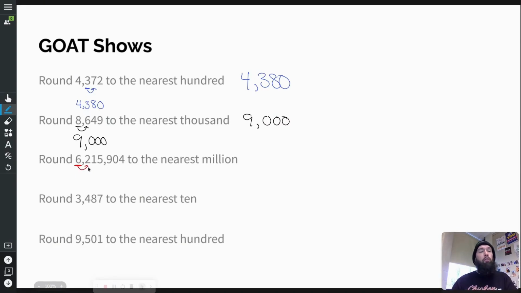Nope. 2 is 4 or below. So leave that 6 as a 6, and then turn the numbers to the right of it into zeros. So 1, 2, 3, comma 1, 2, 3. And we round 6,215,904 to the nearest million by saying 6 million.